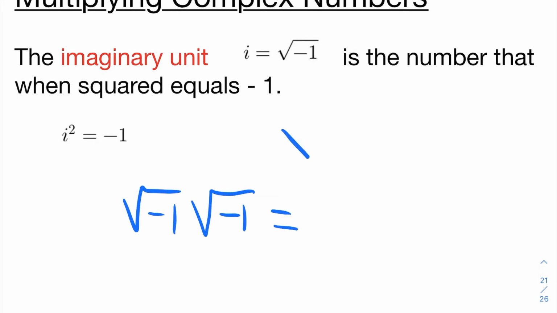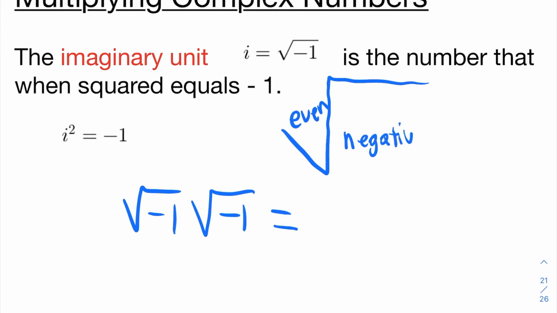How can you tell? Whenever a radical has an index that's even and a radicand that is negative, then the answer is imaginary. So in this case, the index is 2 because it's a square root, and the radicand is -1.